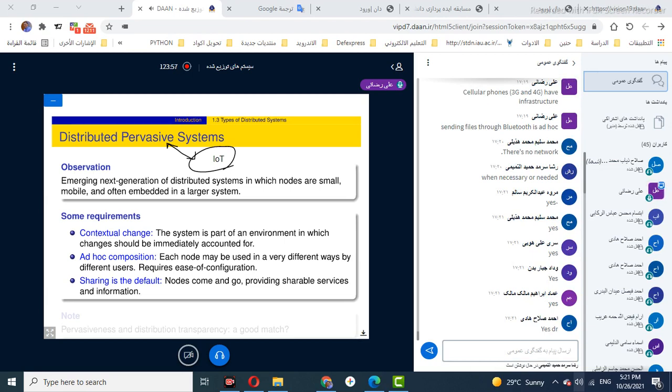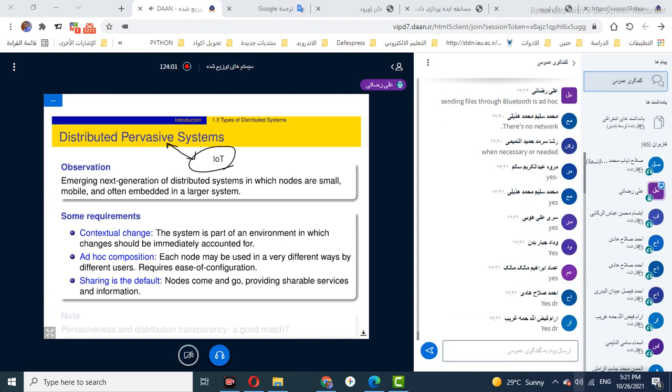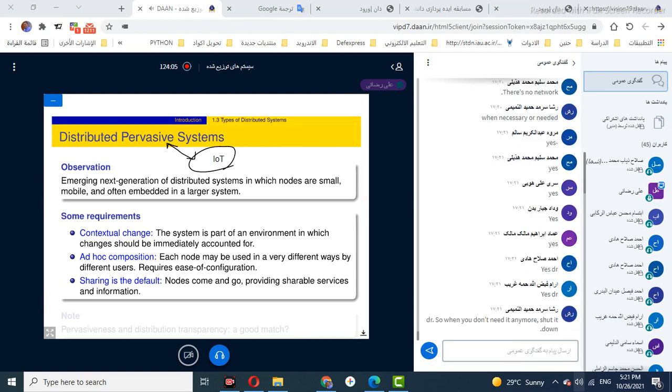So in ad hoc composition, we say that each node may be used in a very different way. So we need to be able to configure the systems as easily as we can.